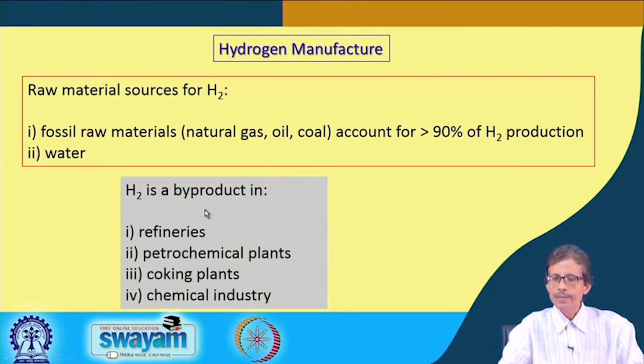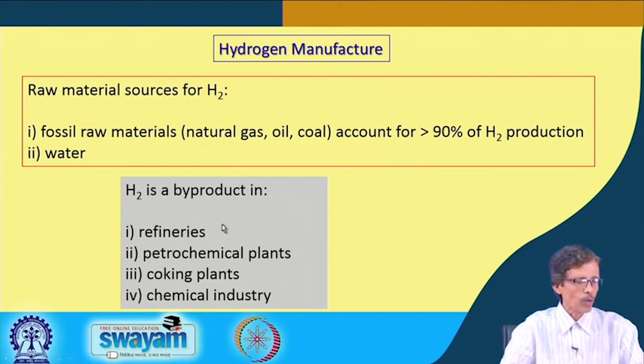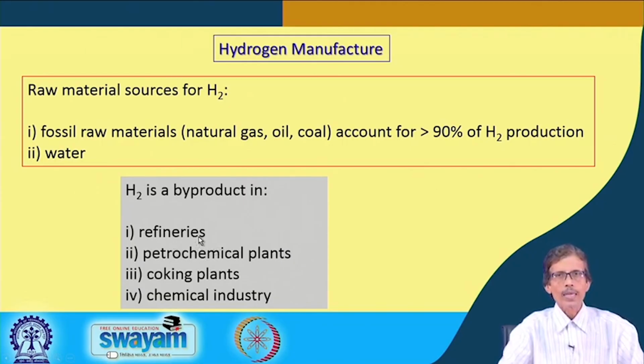In other cases, the hydrogen can be obtained as a byproduct. As we have seen, it can also be an incidental byproduct of the chlor-alkali process. Just now we have seen that in the chlor-alkali process, we go for the electrolysis of sodium chloride, and in that electrolysis hydrogen, H2, can be obtained as a byproduct along with Cl2 and sodium hydroxide.